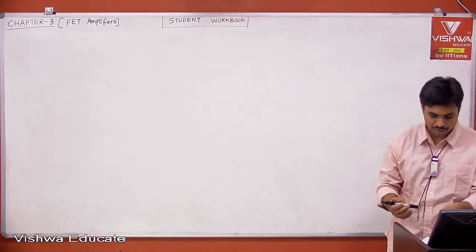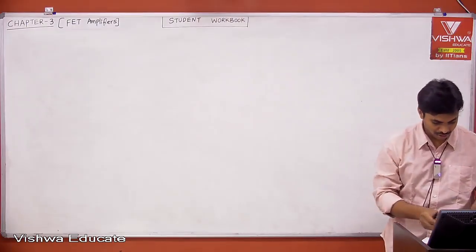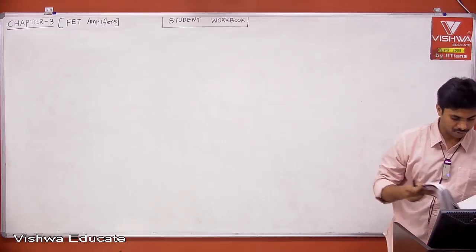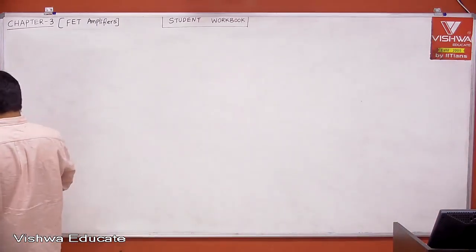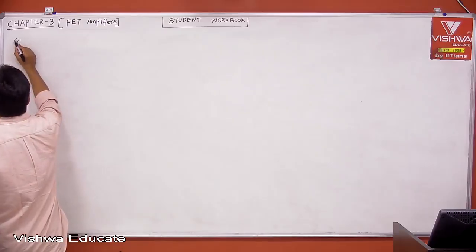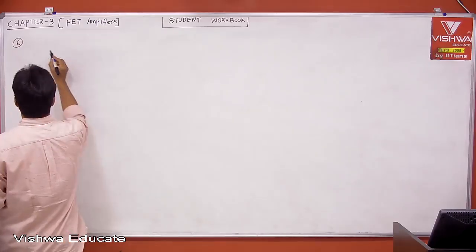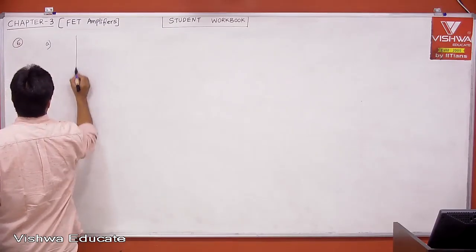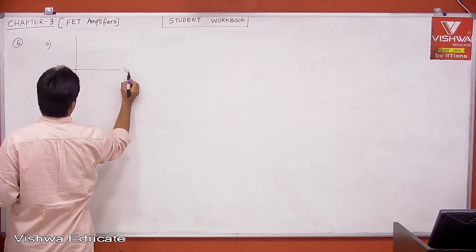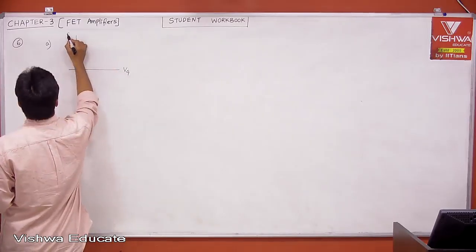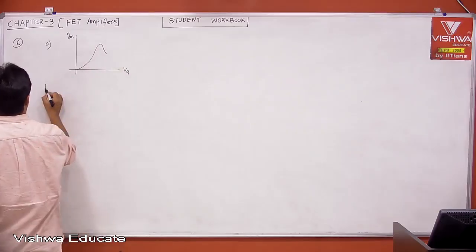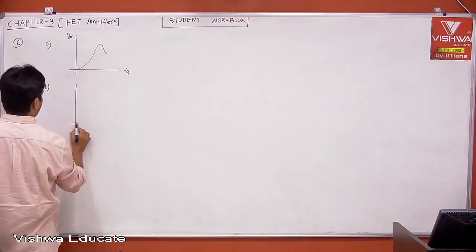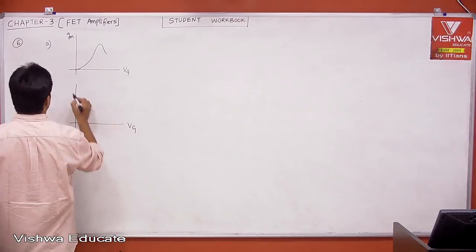Let me give you the options. Now if you see problem number 6, option A, this is VG and GM. Then option B, this is VG and GM.